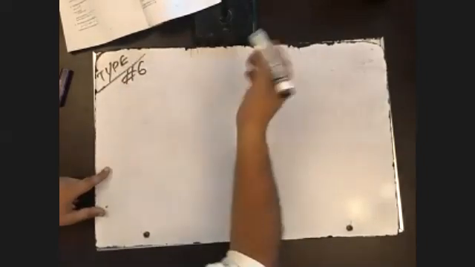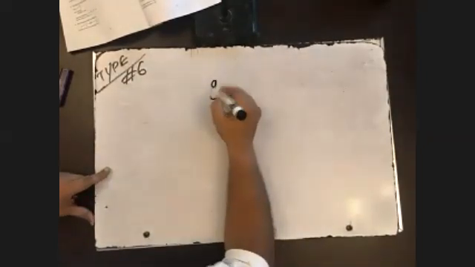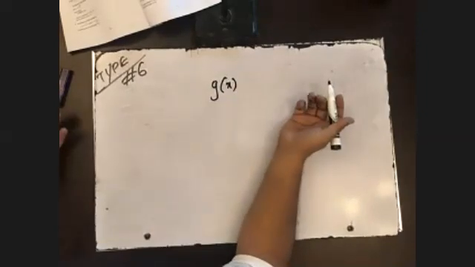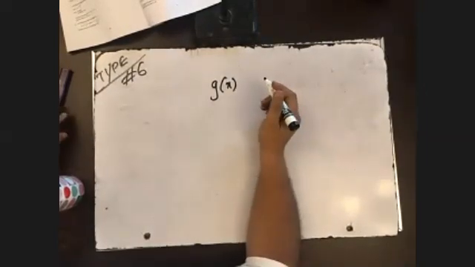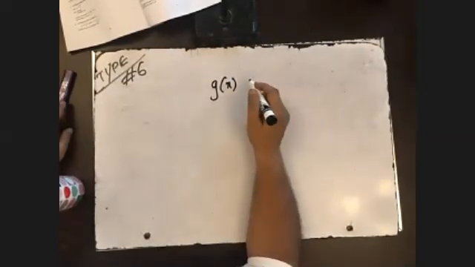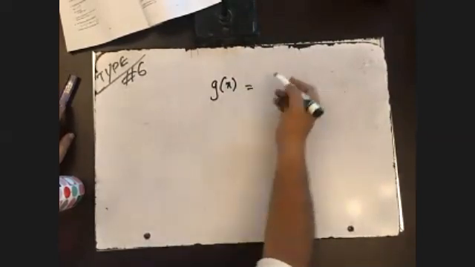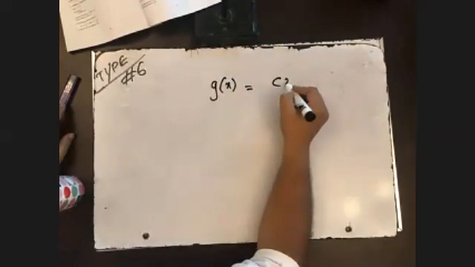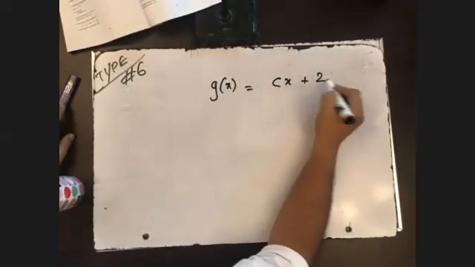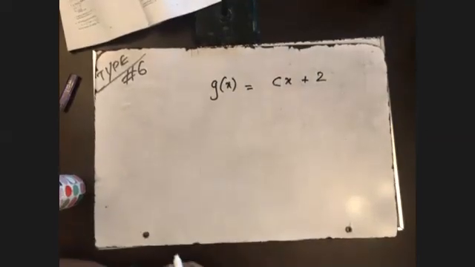Type 2. It's not a simple question. It just says g(x). It's another function. We can't just say function means f. It could be any function. F function is a friend function, g function could be a girl function. That's an example. g(x) is equal to c times (x plus 2). I'll give you an example.